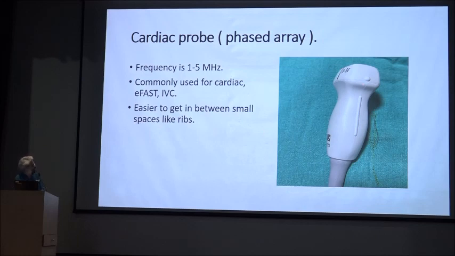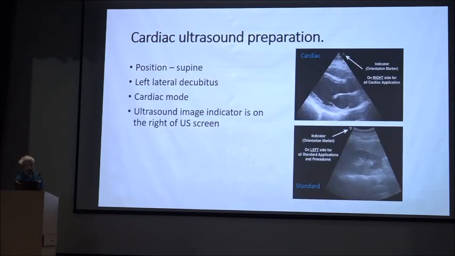One should always make sure that you know where the indicator is pointed while doing any ultrasound examination. There are a few basic differences between doing a cardiac ultrasound and an abdomen ultrasound.